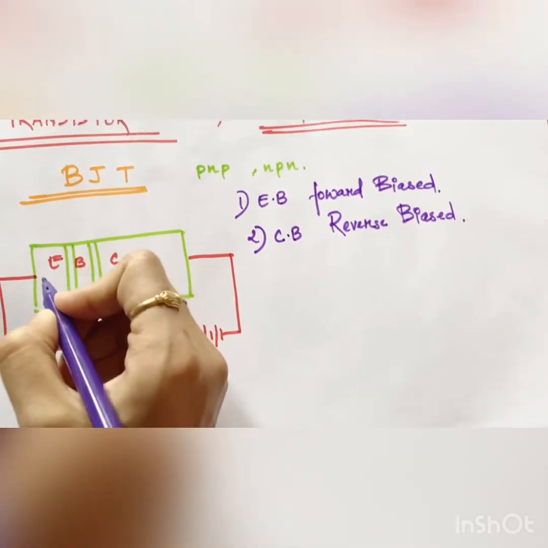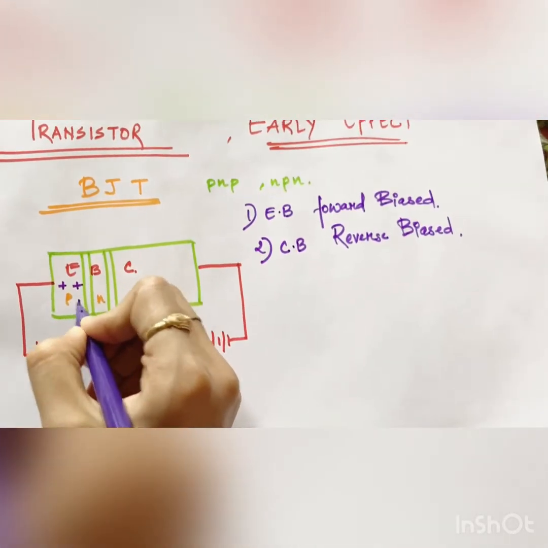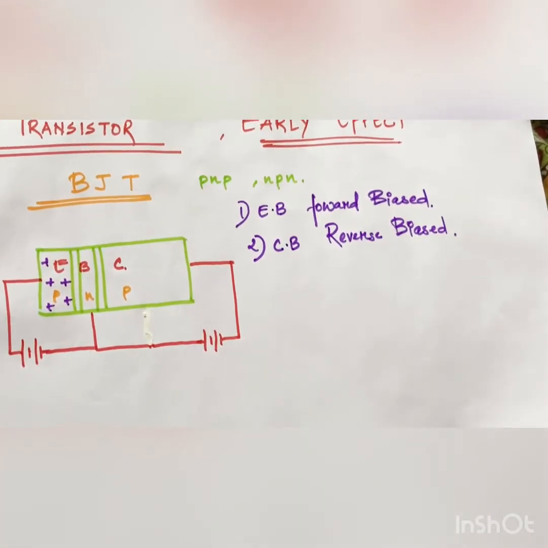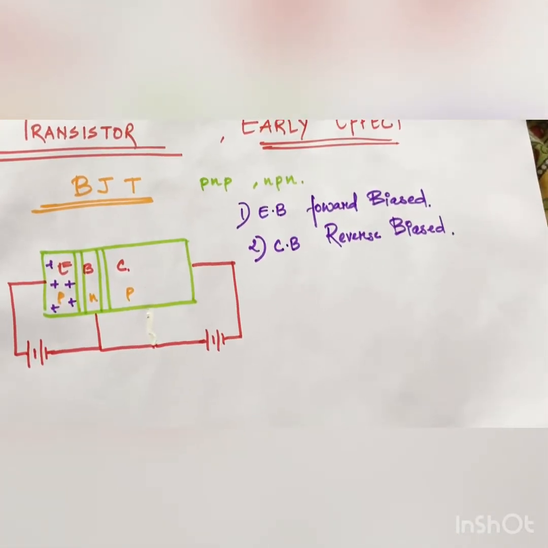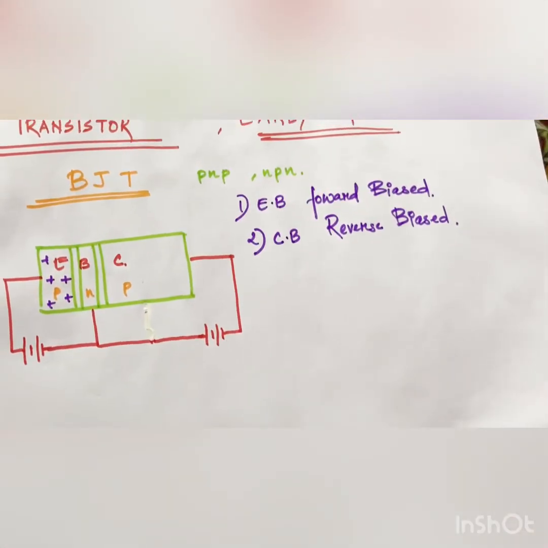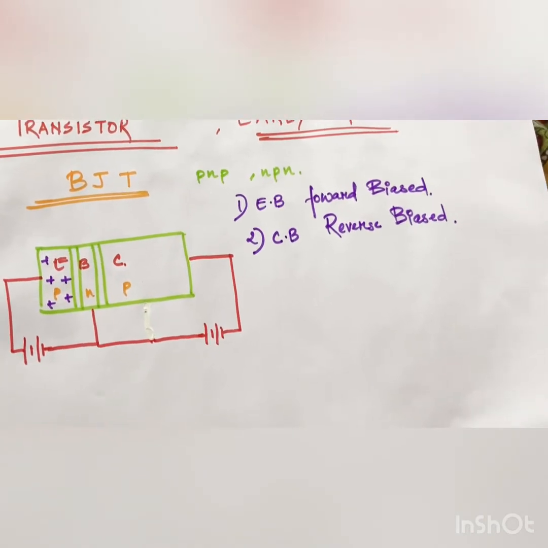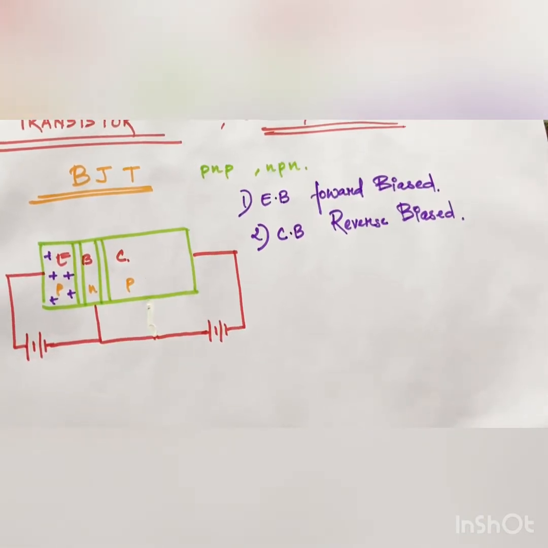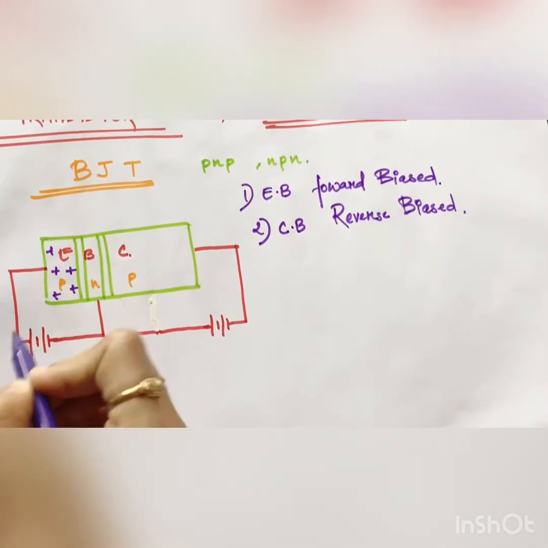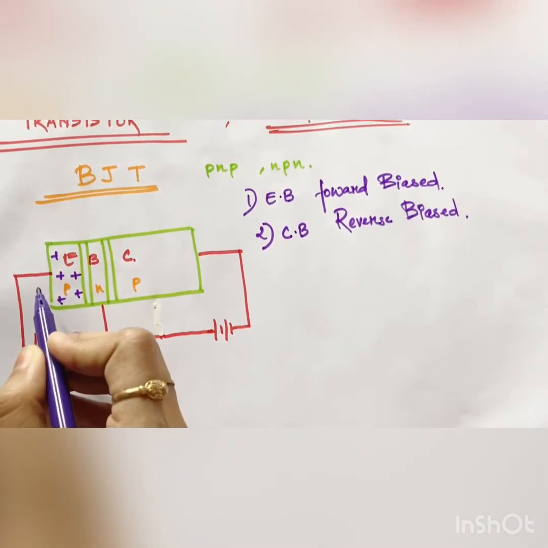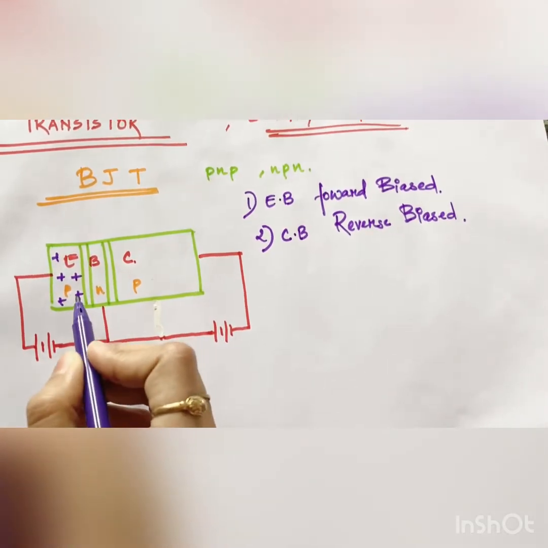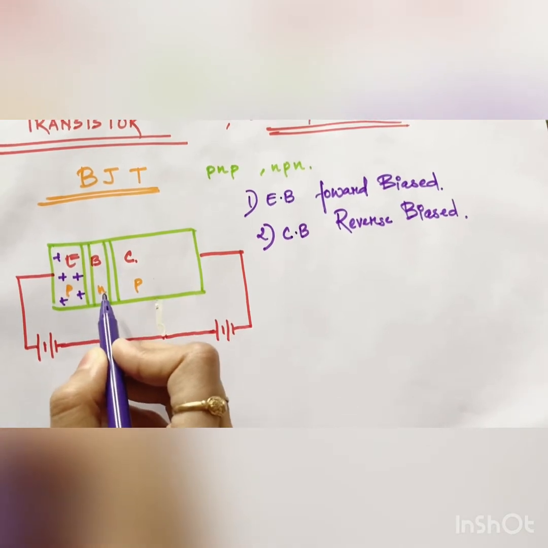In P type the majority carriers are holes. The holes, the majority carriers, will pass through the base and be collected in the collector. Since this is a positive terminal, it will repel the majority carriers, and they will try to pass through the base.